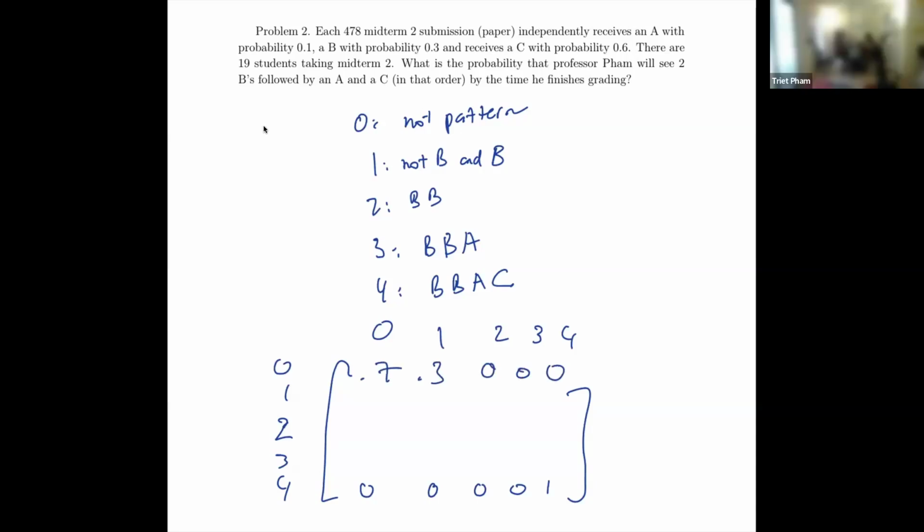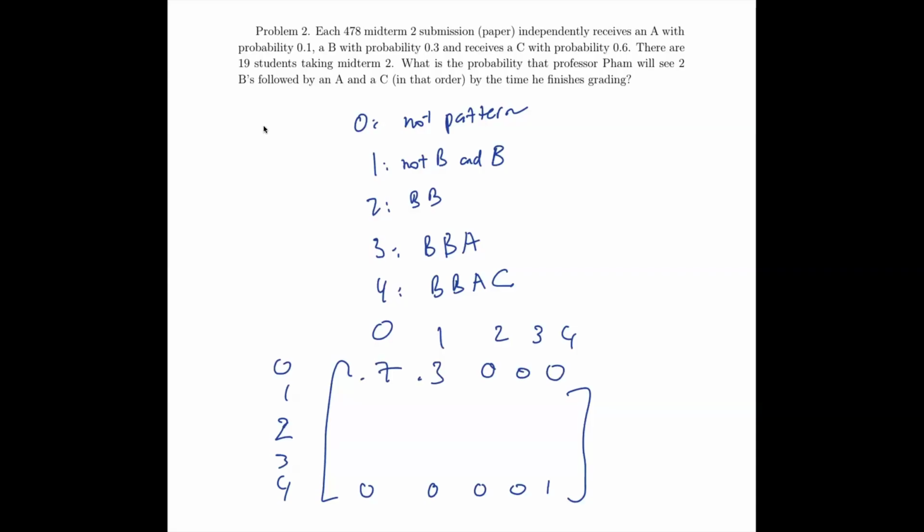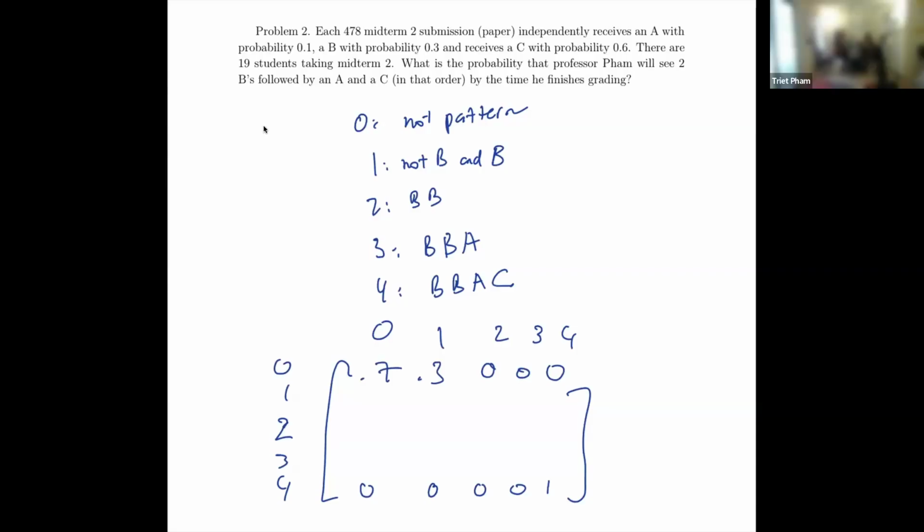Again, if there's anything you disagree with or want to ask. What's the not B here? If it's the very first time step, do you have a not B? No, that's the whole point. That's the beauty of having the no pattern state. If it's the very first step, don't you get a B with probability 0.7?